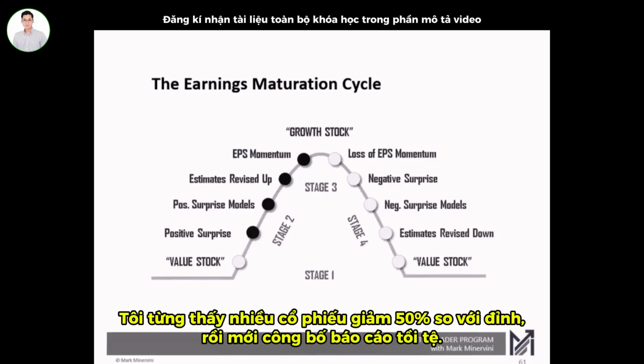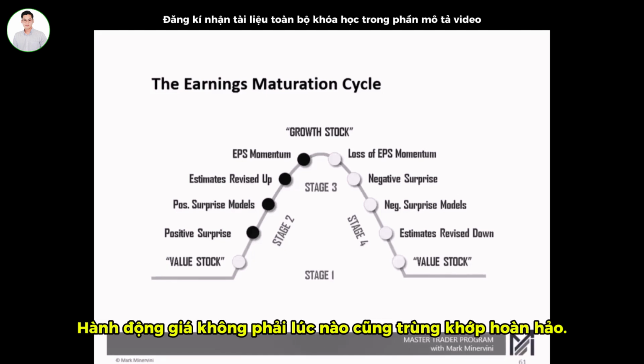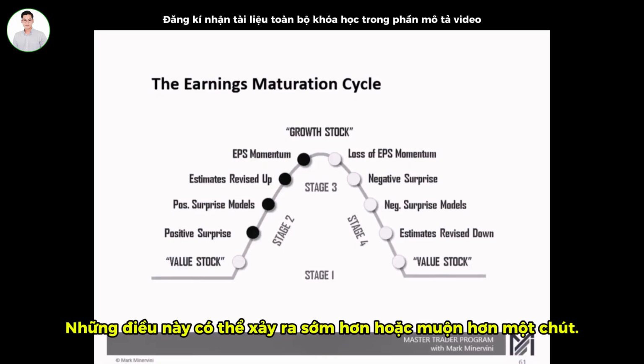Because I've seen so many stocks that have been down 50% off their highs, and then they come out with that bad earnings report. Right. So the price of the stock does not always fit exactly with what's going on. Some of these things could be a little bit earlier, a little bit later.